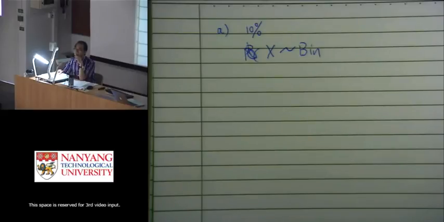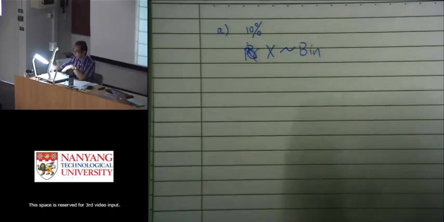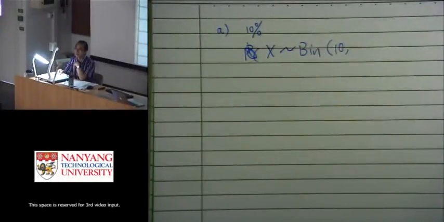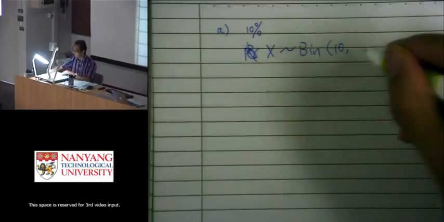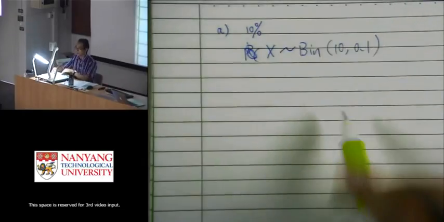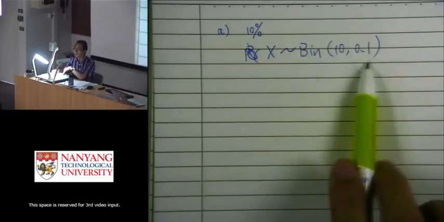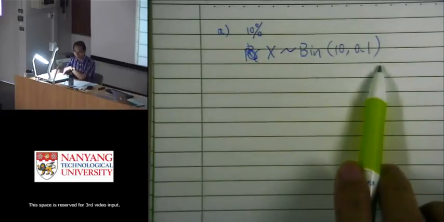How many? 10. So the number of trials is 10. And what's the success probability? 0.1, right? So X satisfies a binomial distribution with number of trials 10 and success probability 0.1.